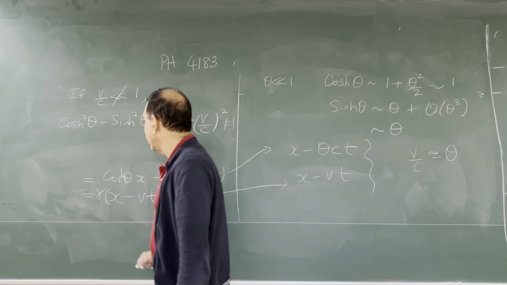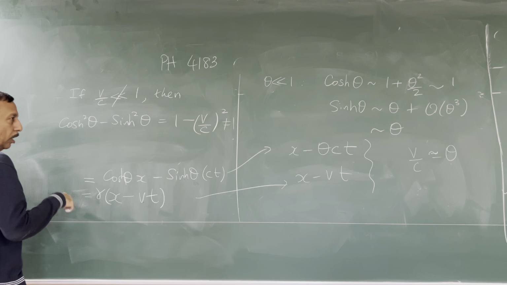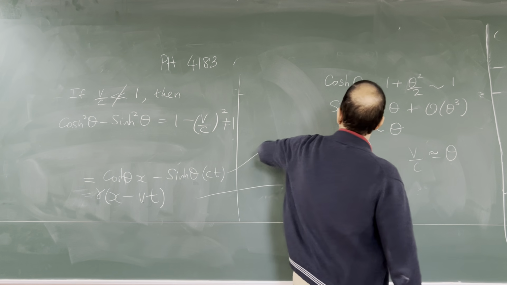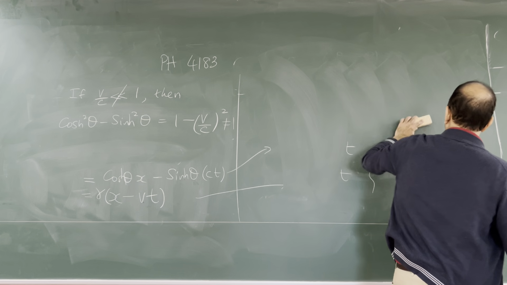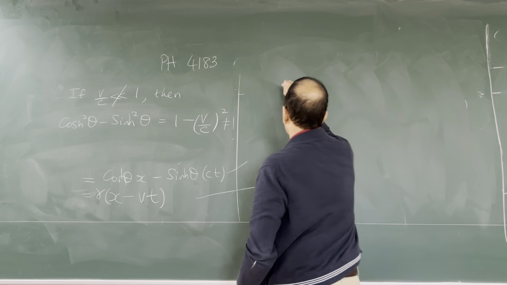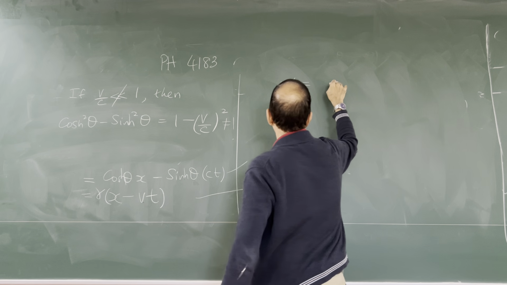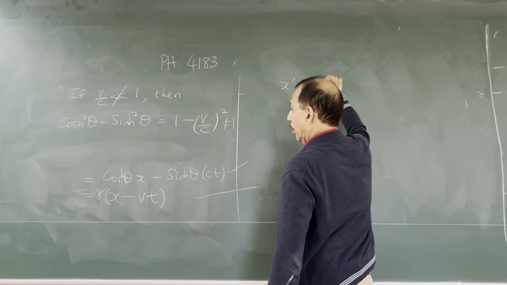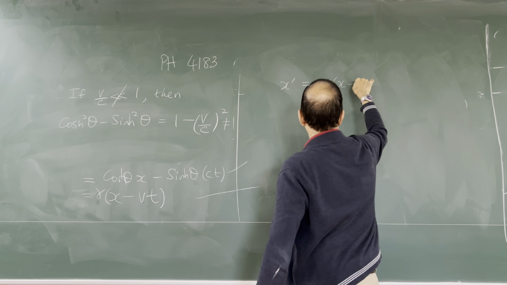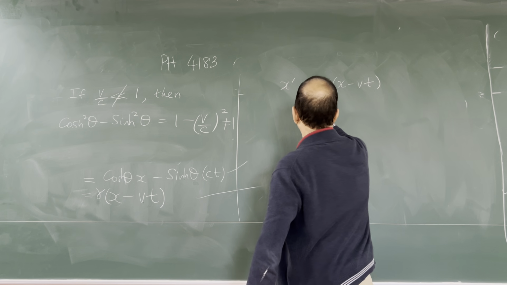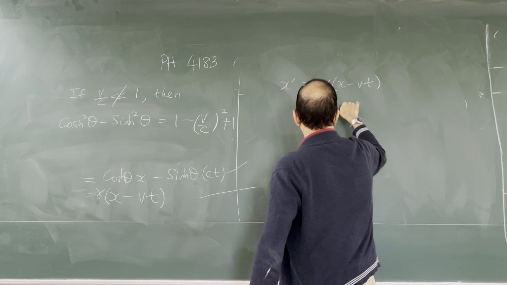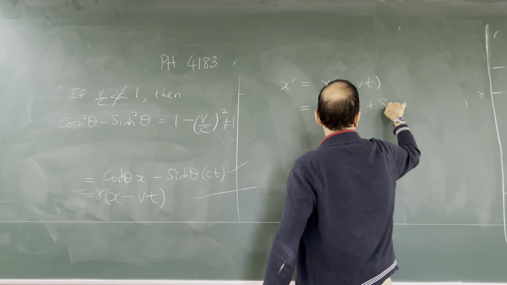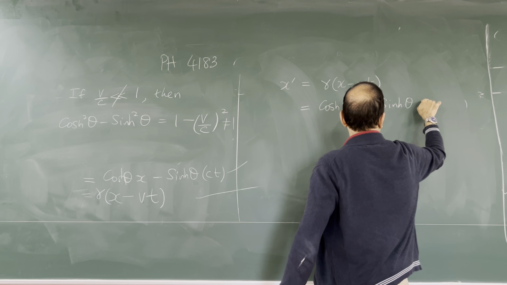So now let's see what the transformation looks like. x prime is gamma times (x minus vt), and this should also be equal to cosh theta x plus sinh theta ct.